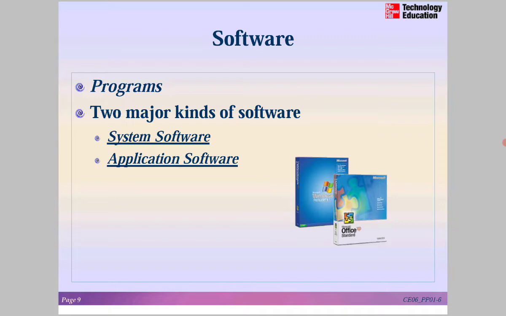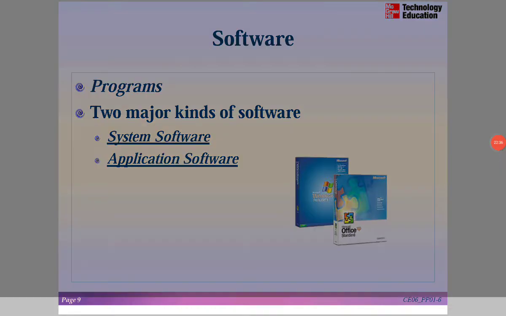So system software is called an operating system like Windows, DOS, Unix, Linux. Application software is also one type of software used for specific purposes and specific use only, like MS Office, MS Word, Excel, PowerPoint, Tally and so on.